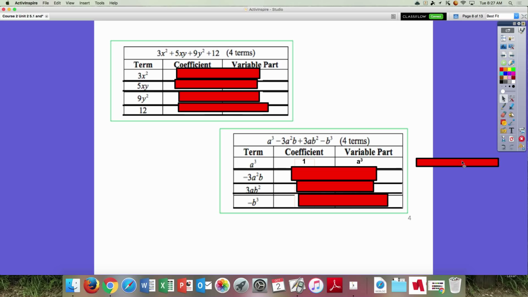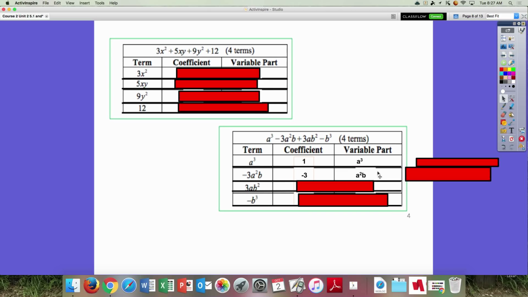So we're going to put a cubed. All right, now this next one, I have negative 3a squared b. The coefficient is the number in front, and we always want to make sure we take the sign with it. So that's negative 3. And then the variable part is everything that's left, so a squared b. All right? For this one, the coefficient, the number in front is 3. The variable part is that ab squared.